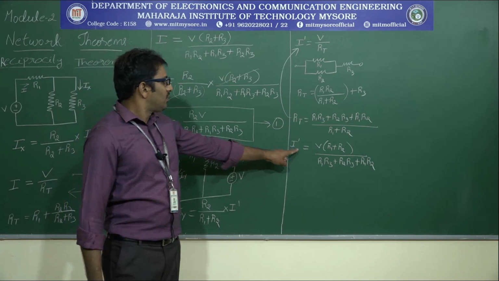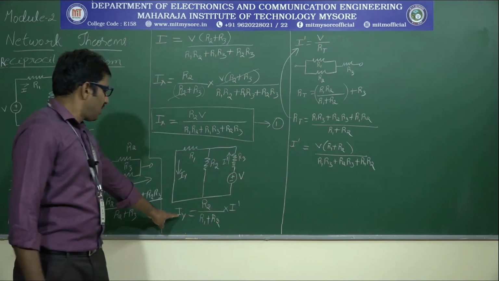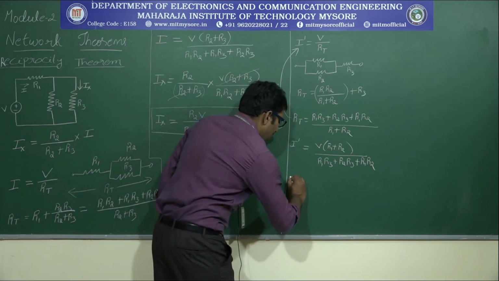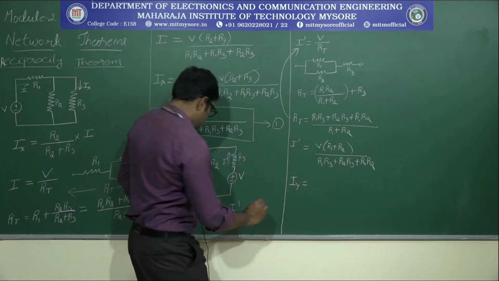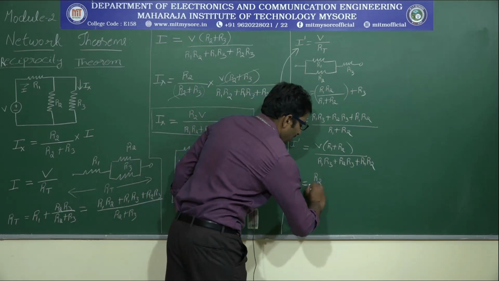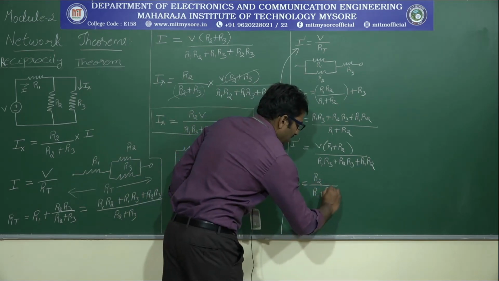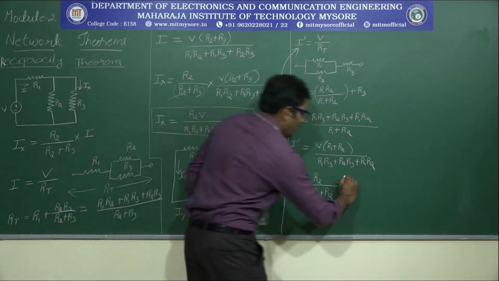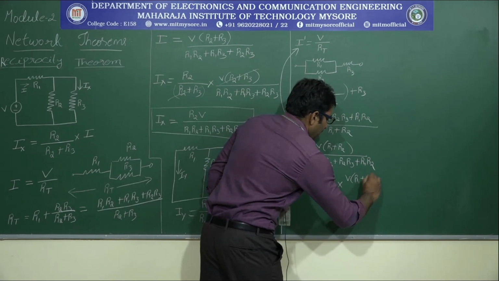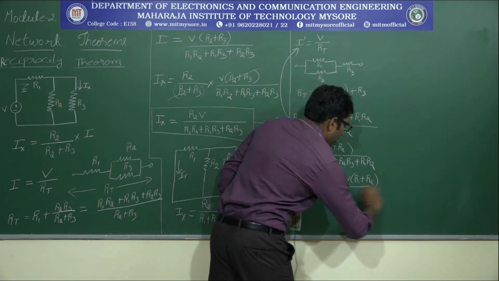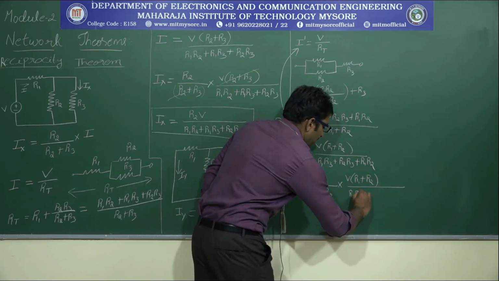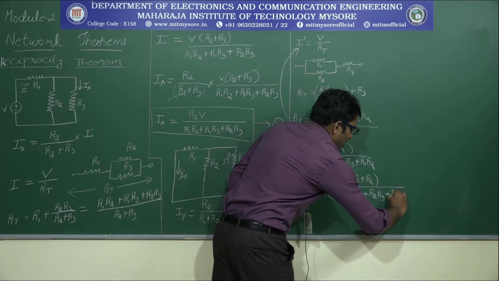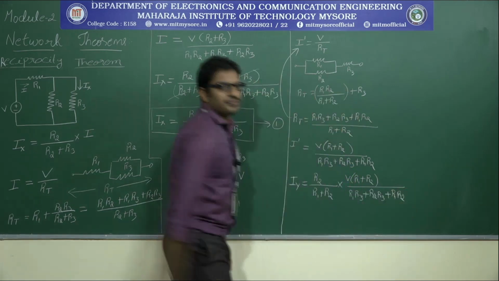Next, after finding I dash, just find Iy by substituting I dash. Therefore, Iy is equal to R2 divided by R1 plus R2, into I dash, which is V into R1 plus R2 whole divided by R1 R3 plus R2 R3 plus R1 R2.